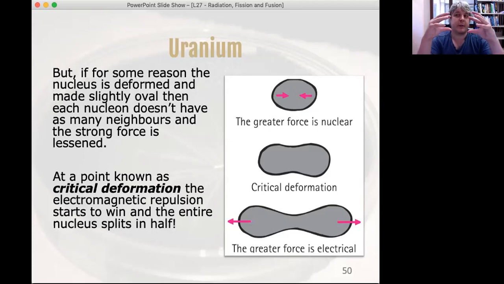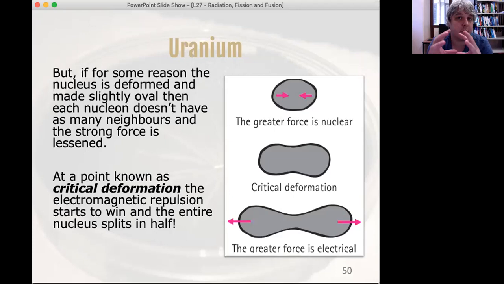As you become more oval shaped, you're getting less strong force interaction overall. But the electromagnetic repulsion is not really changing much, because you've still got all of its protons within the same region of each other. So you get the same repulsion, and now you reduce the strong force slightly.